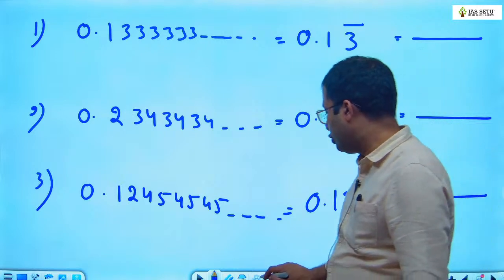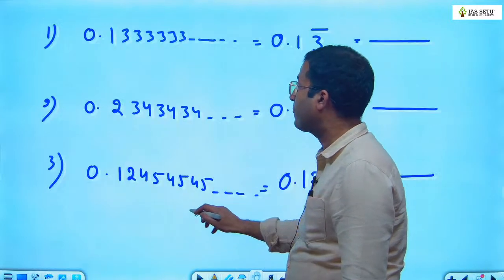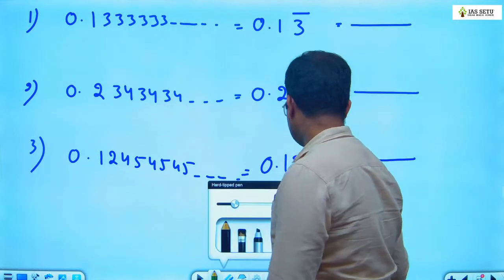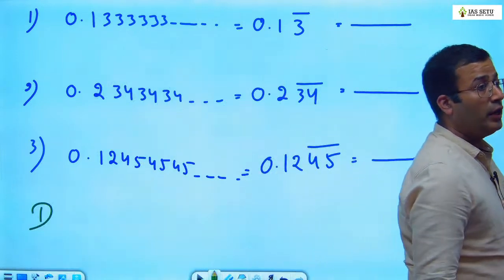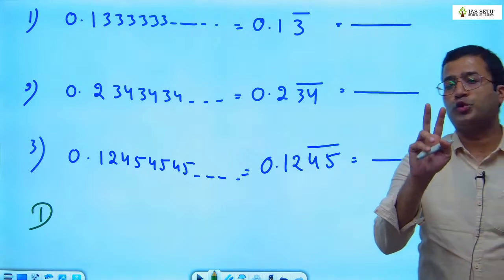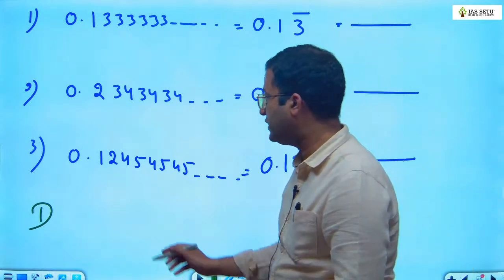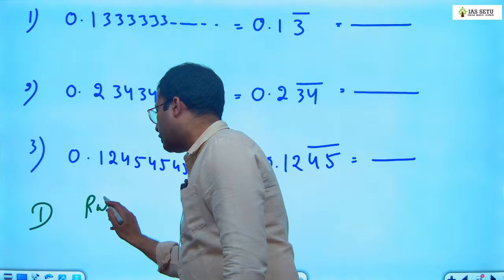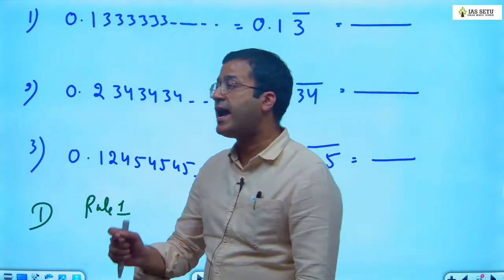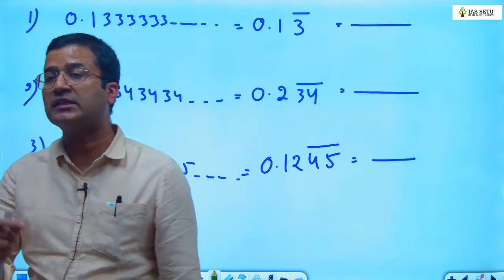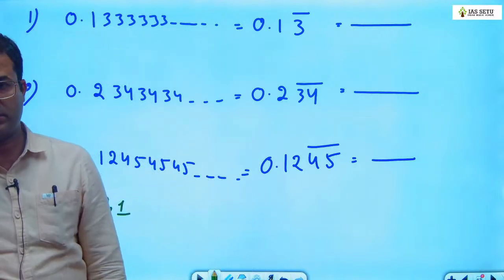First, I tell you the denominator. Here for the denominator we have 2 rules. Rule number 1 is the same which I already told you: in our denominator we have as many 9s as many digits under the bar.